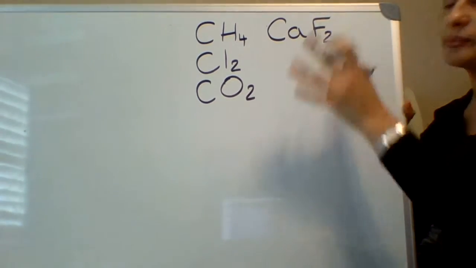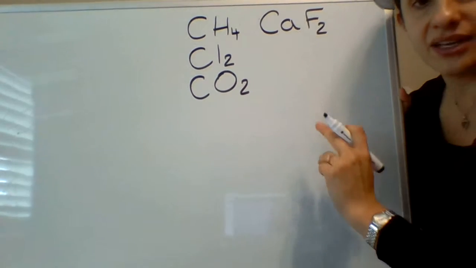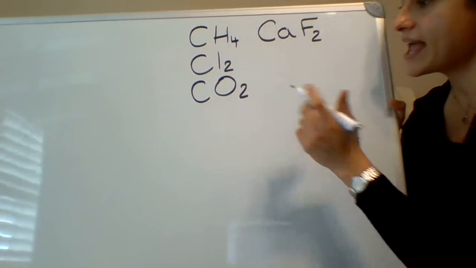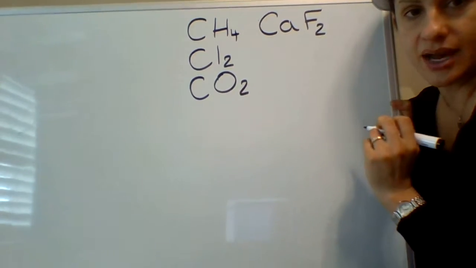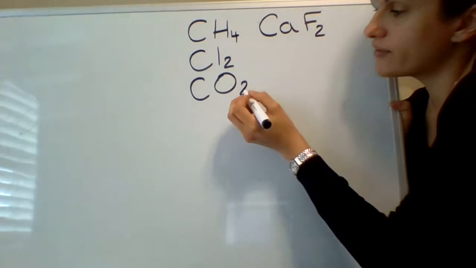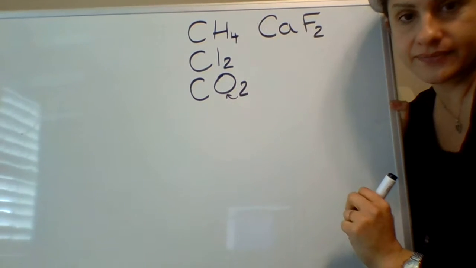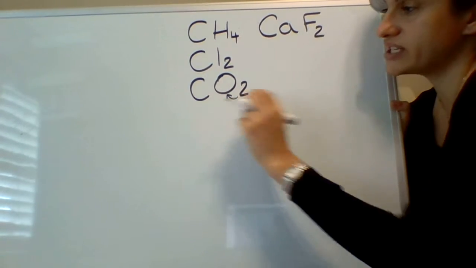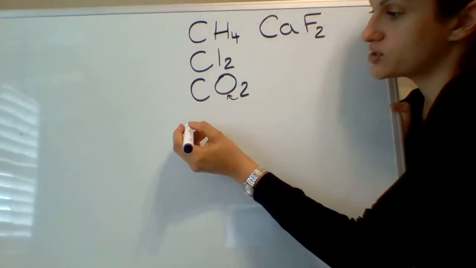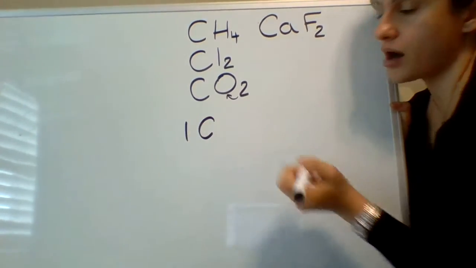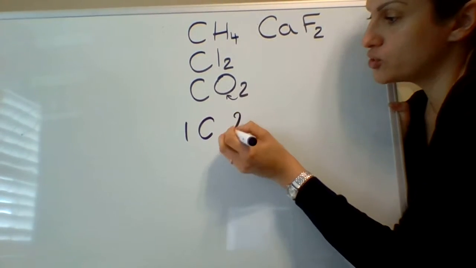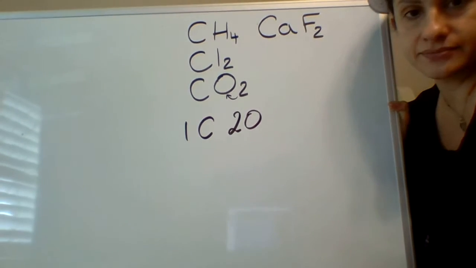So what do these numbers mean when we have chemical formulas? A subscript number is only referring to the element before it. So in this case for CO2, it is telling us we have 1 carbon atom and 2 oxygen atoms.